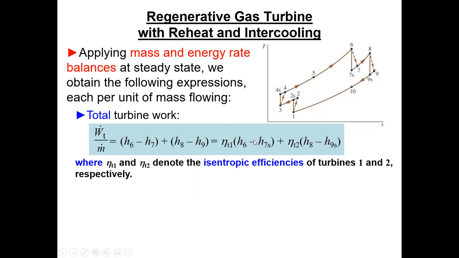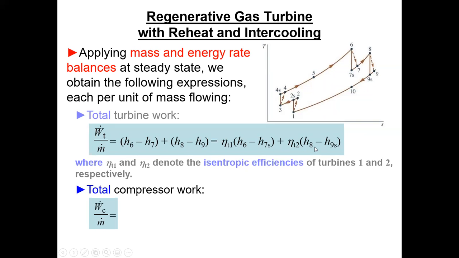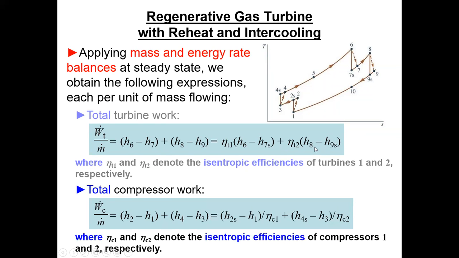That might save a couple of lines of math, and instead of going ahead and finding 7, you can just write it in terms of 7s times the turbine isentropic efficiency. Same thing on that. So whichever, basically the same thing. Compressor work in terms of the actual enthalpies or in terms of the isentropic efficiencies. You can write it like that.